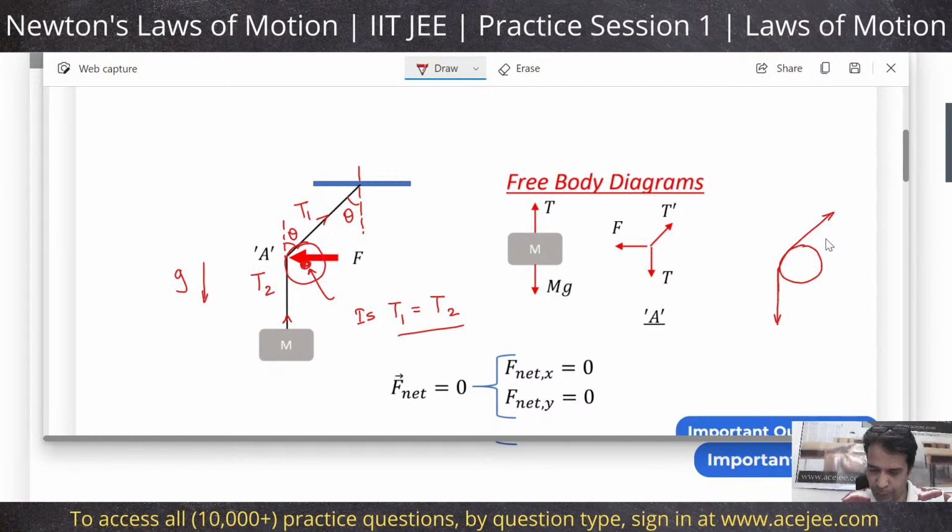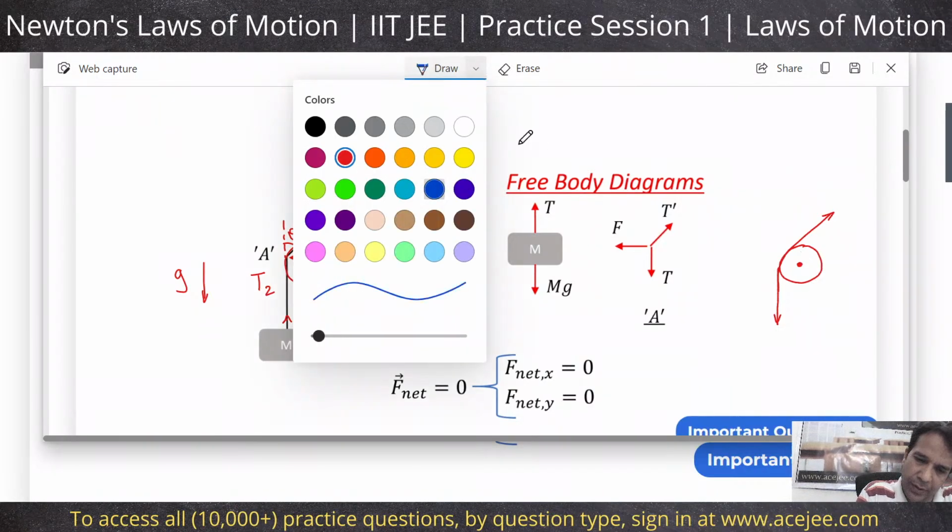So my question is, if the pulley is hinged at the center, then the reaction forces acting on the hinge due to the support on which that pulley has been mounted, you can call them the reaction force or the mounting forces. Can they be horizontal? Let me show them with a different color here.